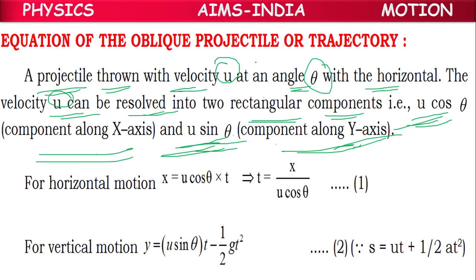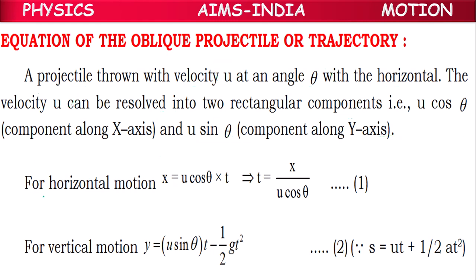Suppose this is u, and the horizontal component is u cos theta.